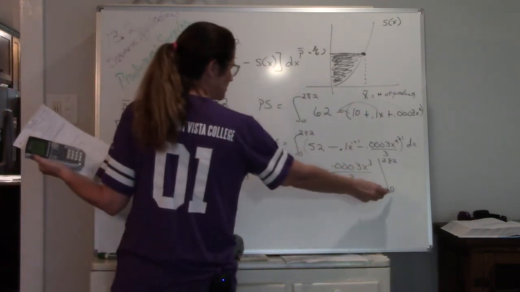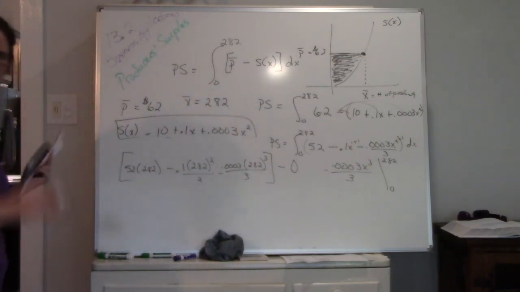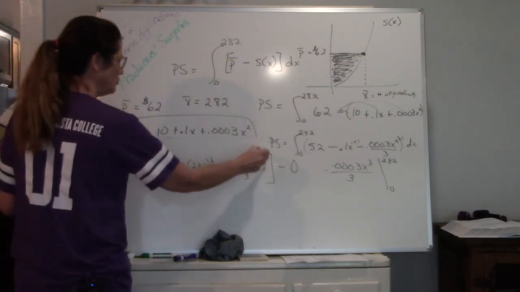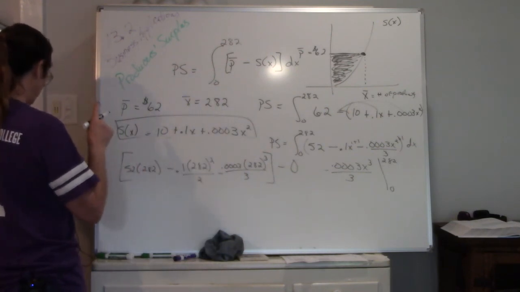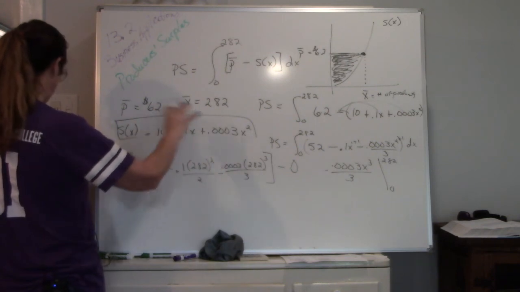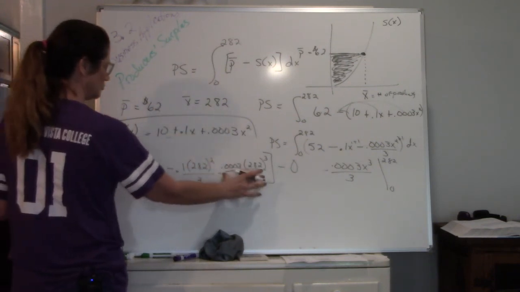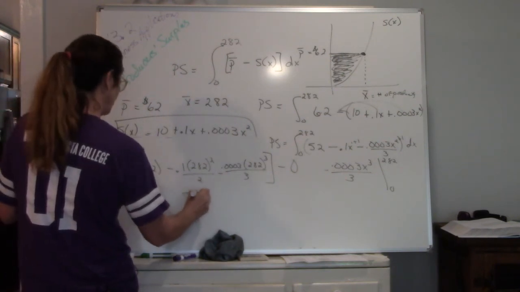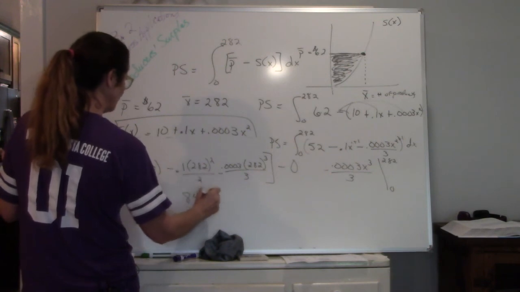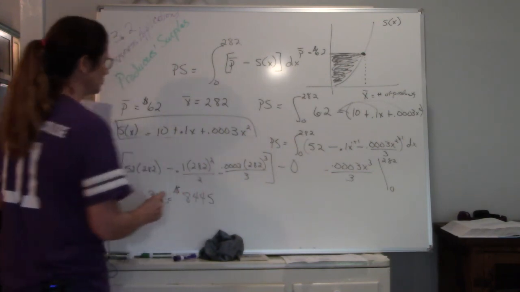Now when I plug 0 into this function, I'm going to get 0. No worries. Everything has an x to it, so it's just 0. So now all you have to do is calculate this. When I calculate all of this together, you will end up with 8,445. This is my producer surplus.